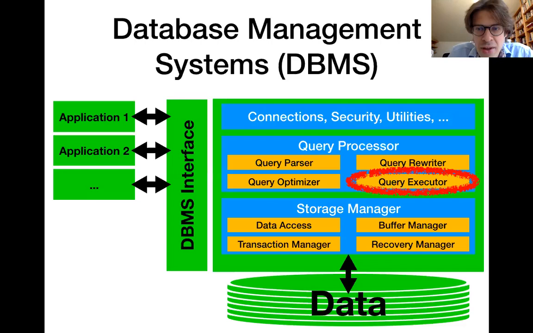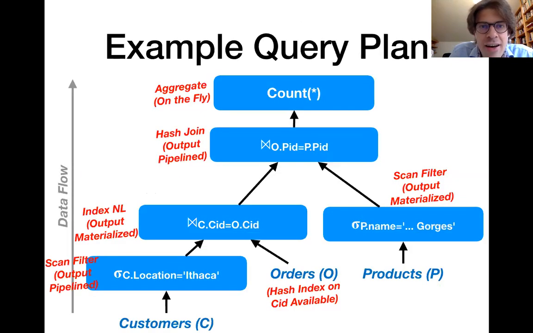So this execution engine here processes plans like the ones that you see here, which essentially joins three tables and evaluates a couple of predicates, then counts. So you read those query plans always from the bottom up.